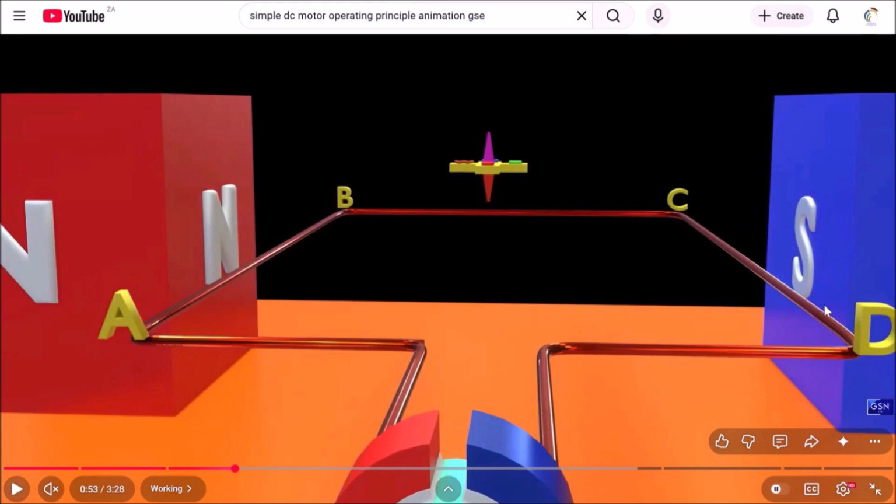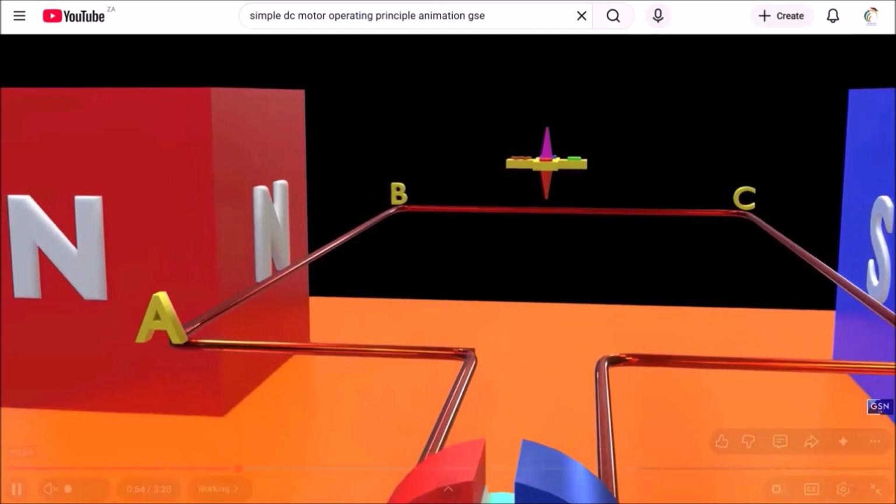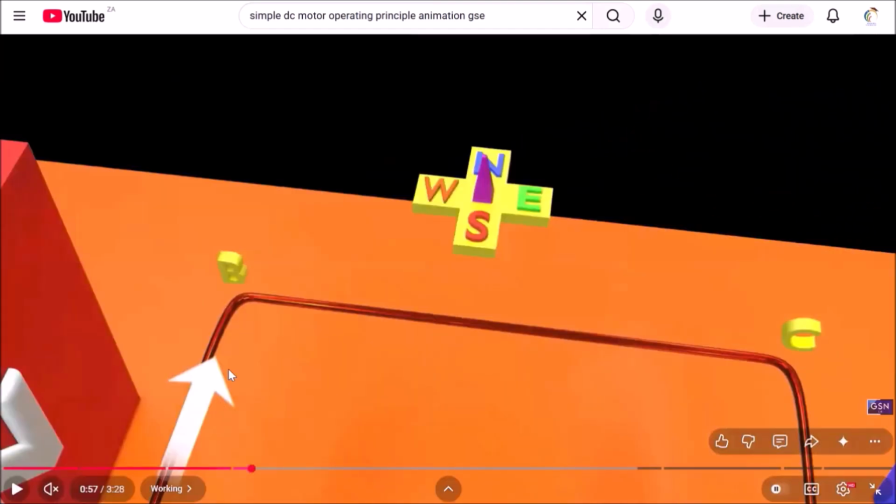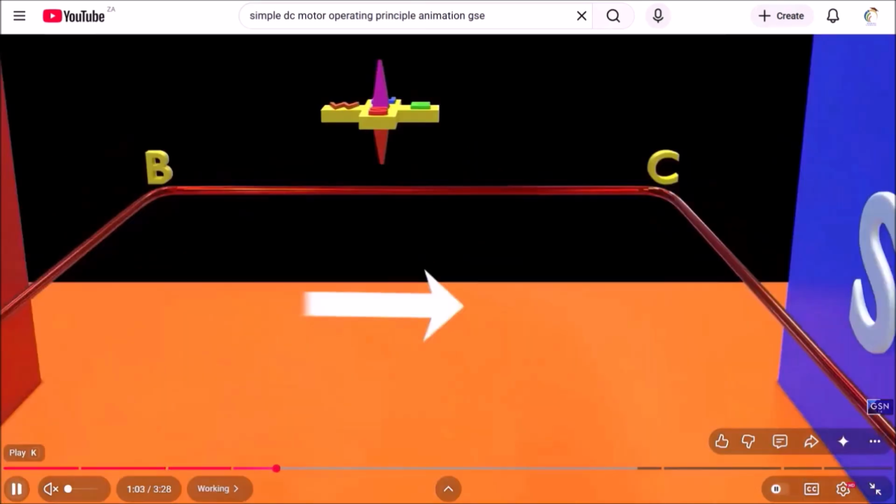Now let's look at how the rectangular coil or armature ABCD will rotate due to the interaction of the magnetic field from the magnet and the magnetic field created by the current in the coil. Now this is the direction in which current travels in AB.